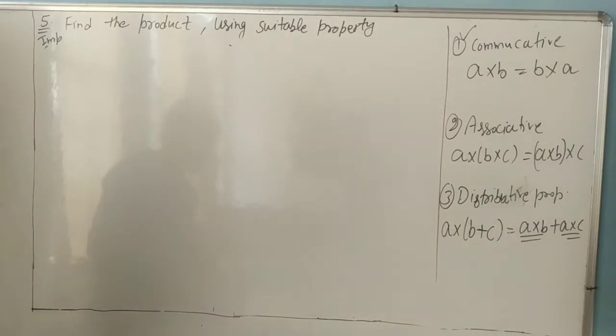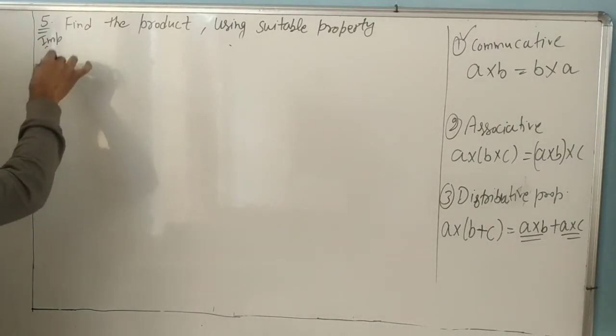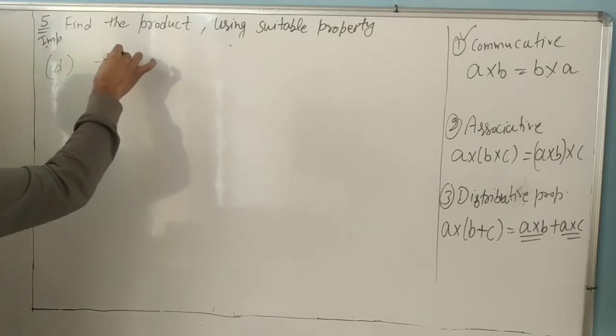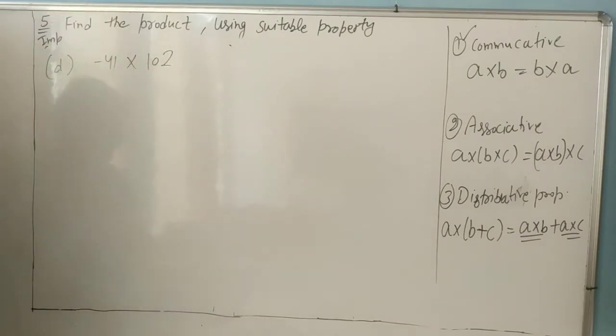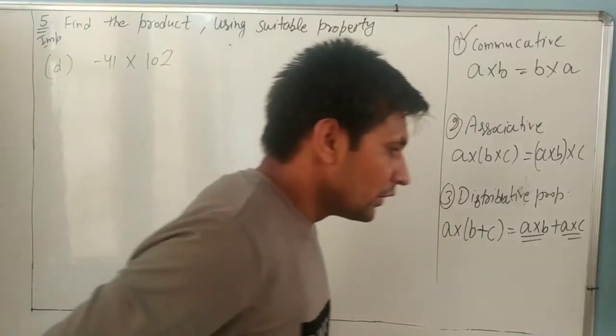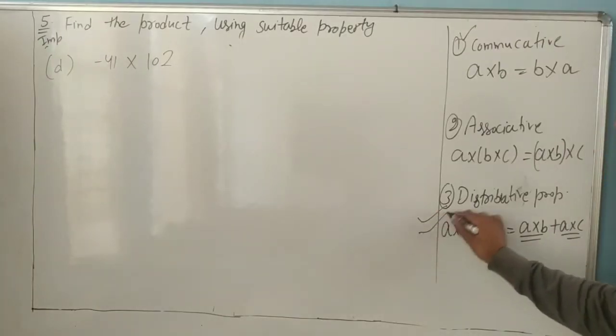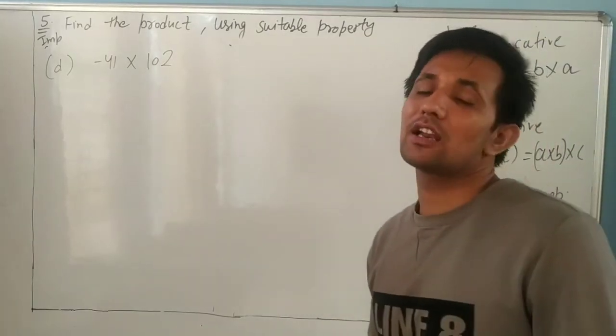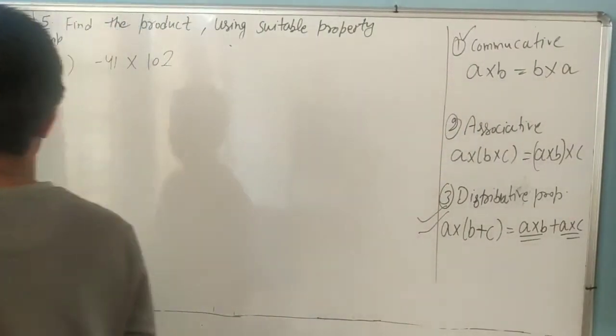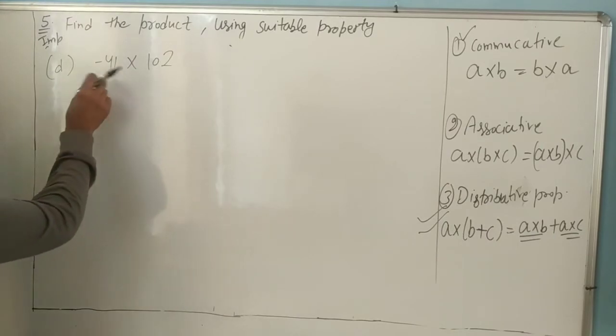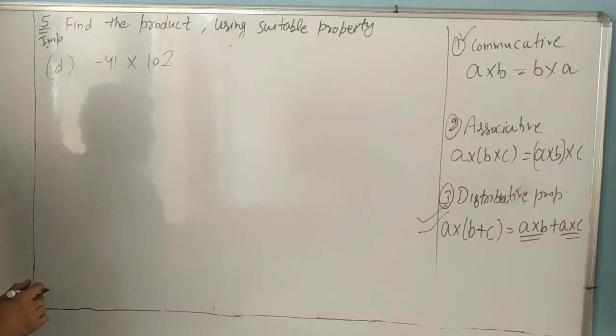Okay, now D part here, look at minus 41 into 102. Multiply it. Okay dear. Distributive property is a very useful property to multiply two large numbers. How to? Look at here. Tell me, because 41 into 102 is very difficult to multiply.